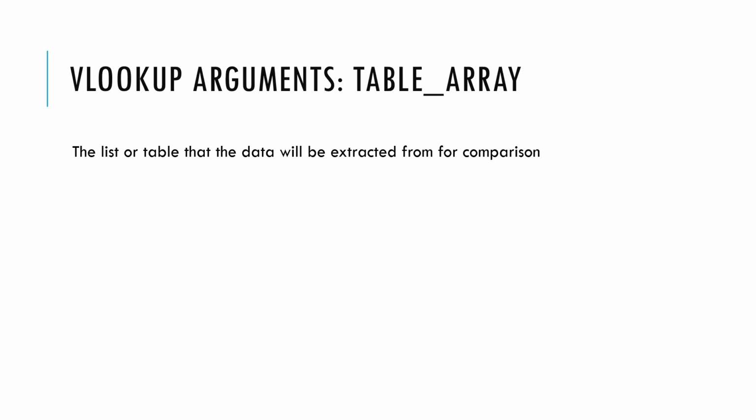So the information that you're going to be extracting from is going to be on that second report. So whatever information your unique identifier is extracting from that second report is going to be your table array. And like I said, I'll go through an example so you'll be able to actually see what I mean. But yeah, it's the data that you're basically extracting from and comparing your information to.